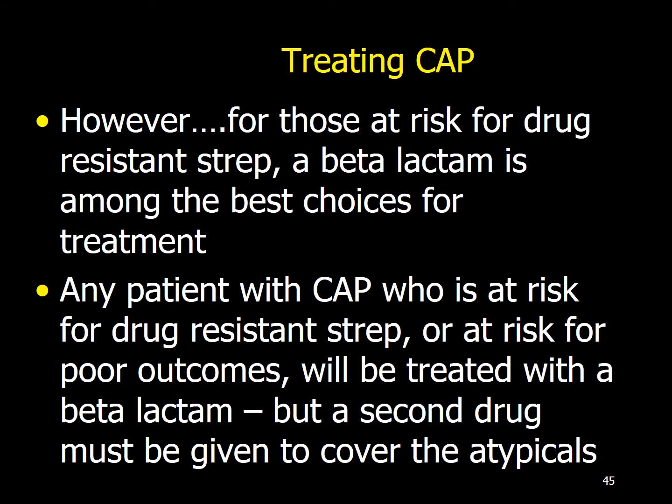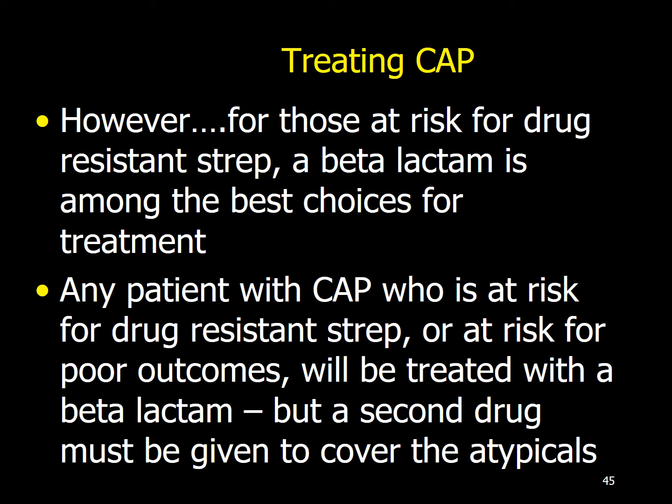Now the one little fly in the ointment here, and again, your clinical courses will give you more detail about that. There is one risk in giving people with community-acquired pneumonia a macrolide or a doxycycline, and that is because there is a certain subset of the population who is at risk for drug-resistant streptococcus. And like with a bacterial URI, bacterial lower respiratory infection, or LRI, aka pneumonia, the most common organism is still strep.